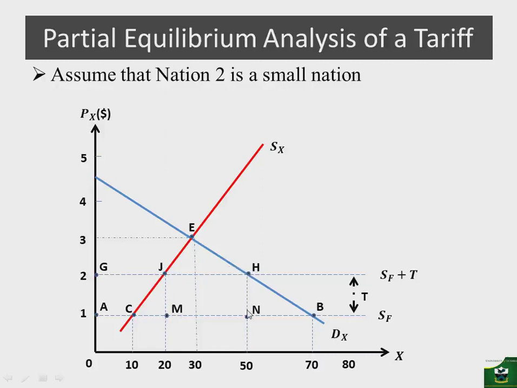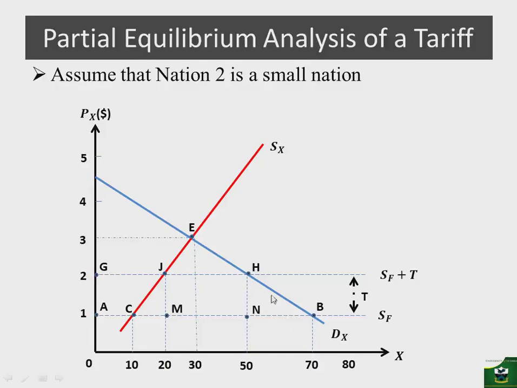If you bring these lines in analysis, you will notice that moving from M going down, you have lost 10 due to domestic producers taking over. And the other side, you have the distance from N to B, which is the loss in consumption.